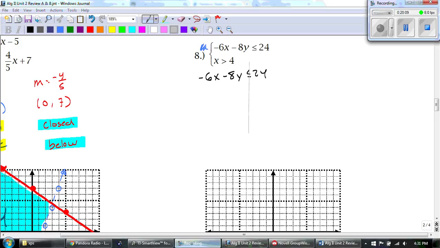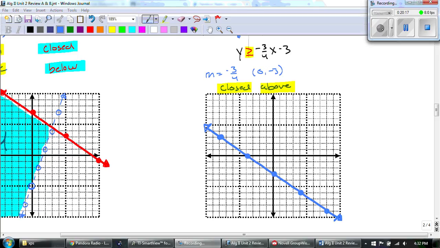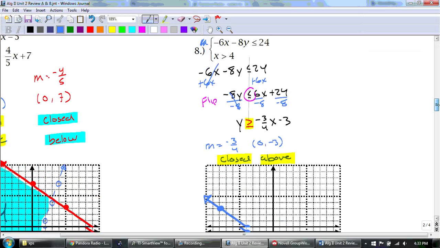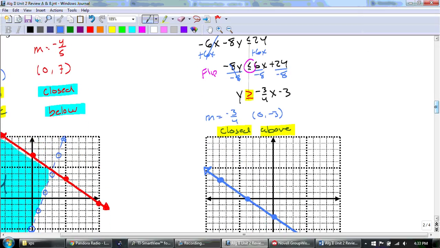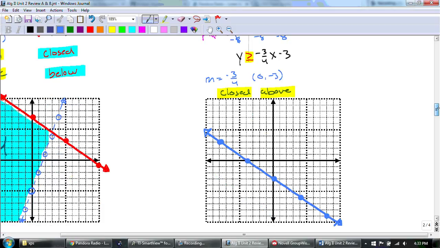Good luck. Okay, and there we go. So you should have gotten y ≥ -3/4x - 3 because we added the 6x and we divided by negative, and when you divide by negative, you have to flip.